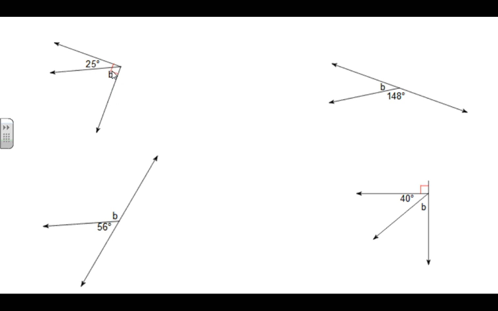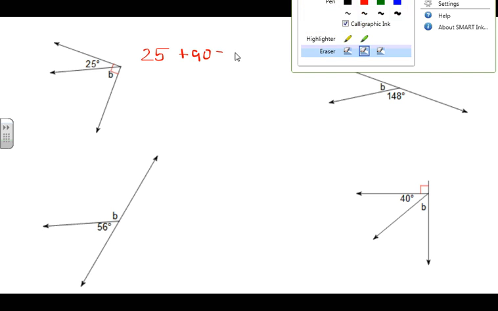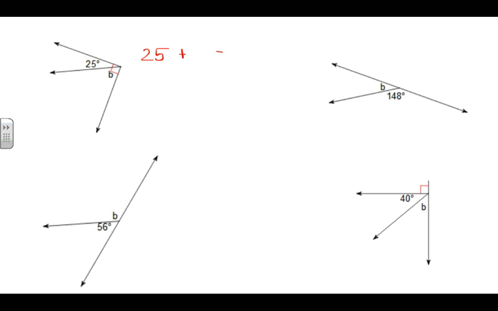Right here's our 90-degree angle. Okay, so we know that this 25-degree angle and B add up to 90. So we're going to make that equation 25 plus, I'm sorry, 25 plus b equals 90.